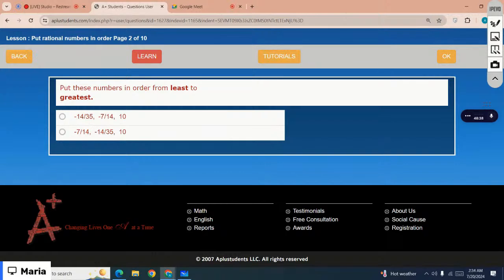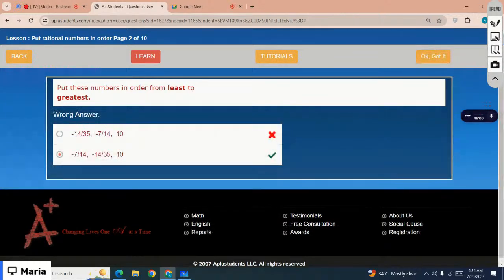Okay. Put these numbers in order from least to greatest. So which is the correct option? Option 1 or 2? That's option number 1, right? Because negative 14 by 35 is less than negative 7 over 14.